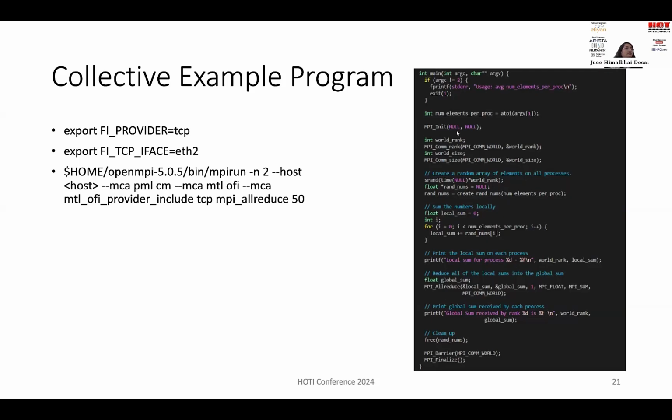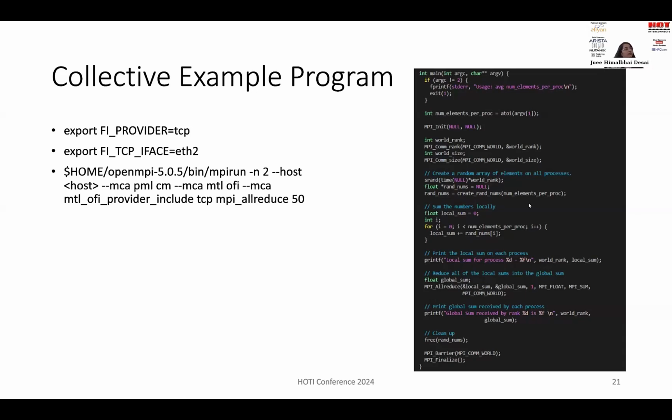MPI init is the first thing that we do, so we just set all our MPI environment variables. Then we get the world size and associate a rank to each of the processes. And then what we're trying to do here is create a random array of elements, and each process will have a random array of a number of elements.